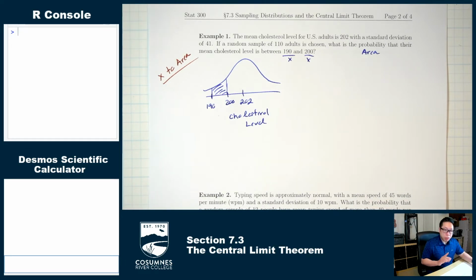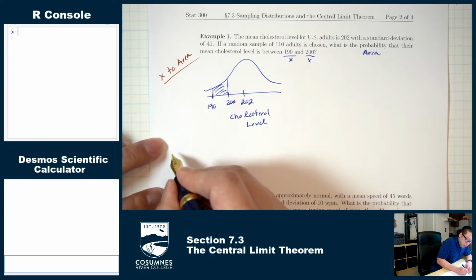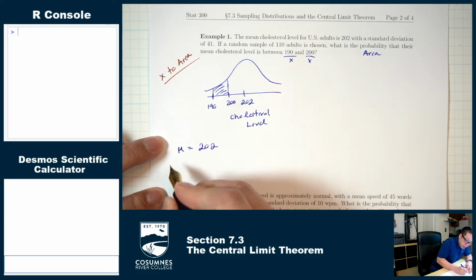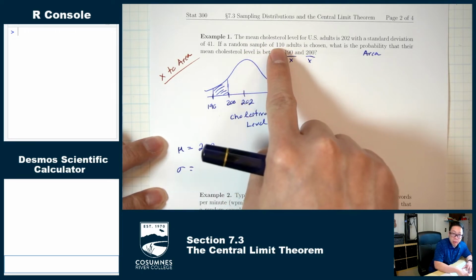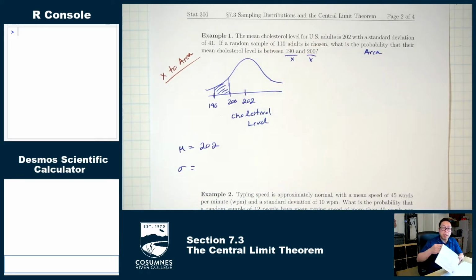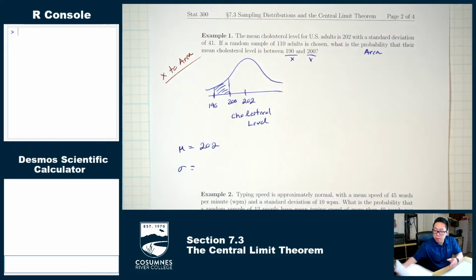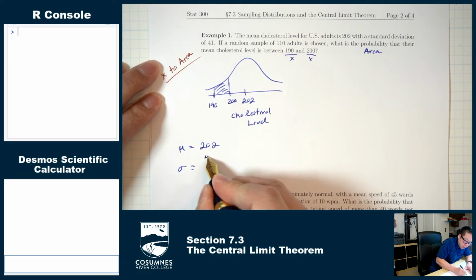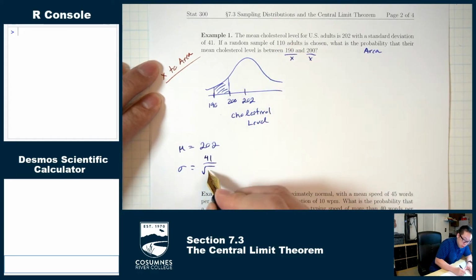Now, the one extra step here before I go and do my workflow is I'm going to write down my mean and my standard deviation. So my mean here is the 202. The standard deviation, if I'm given a sample size, which I am here, I have to adjust it by dividing by the square root of n. So I do need to adjust this 41 by dividing it by the square root of the sample size, which is 110.